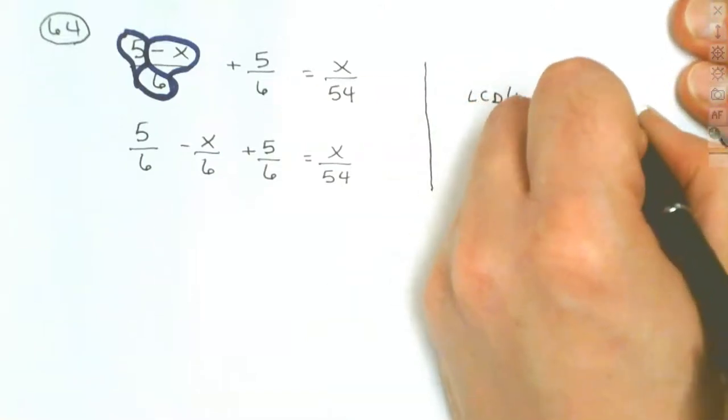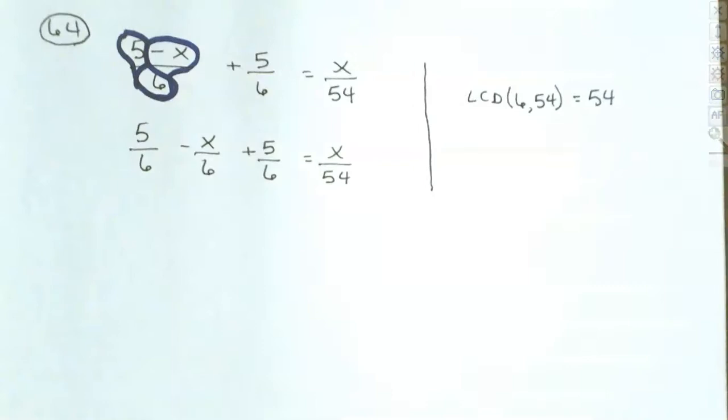And why is that? Well, does 54 divide evenly by 6? Yes, because 54 divided by 6 is what? 9, right? 9 times 6 is 54. And 54 divides evenly by itself one time. So we're going to clear our fractions by multiplying everything by a 54.